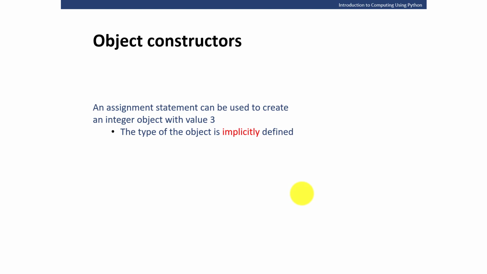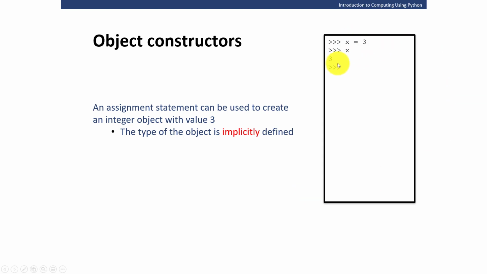We can do the assignment implicitly, like saying x equal to 3, and x will be evaluated to 3, or by invoking the constructor. The constructor is a special function defined in the class implementation that is used to explicitly initiate an integer object.